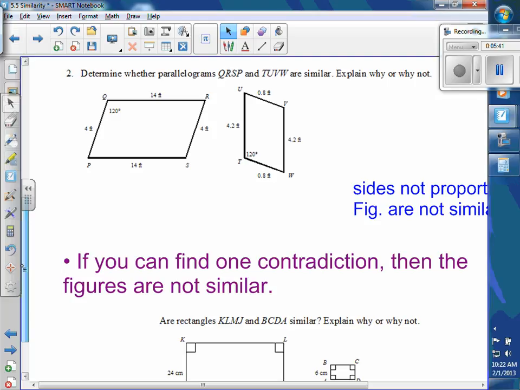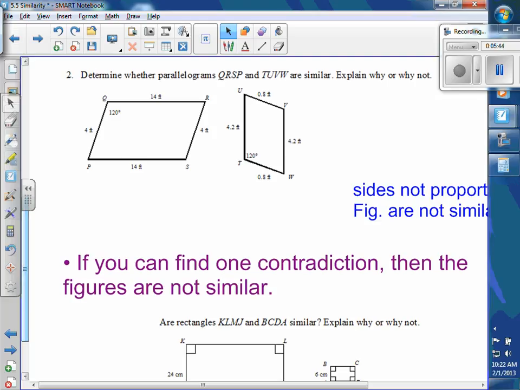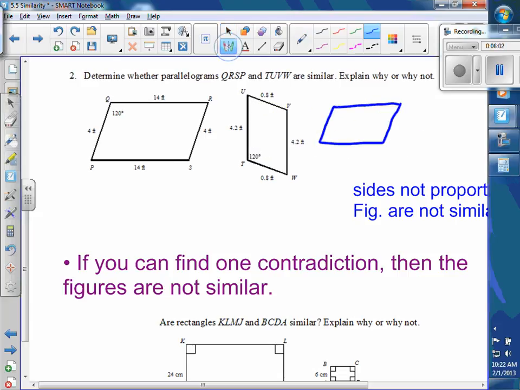So on this one, because they're oriented in a rotation, you want to imagine this parallelogram positioned the same, right? But you have to make sure that's what the letters say. Q and T should be lined up. So here's Q and T. Do you see how I rotated it? I put T here. T, U, V. Oh, right.